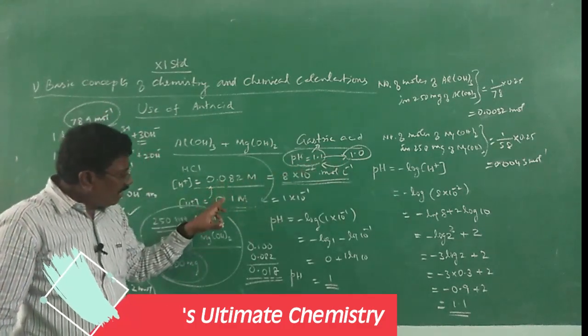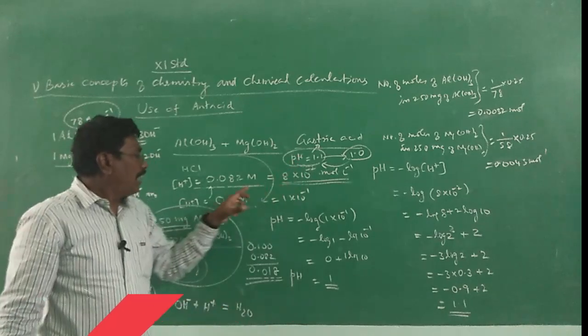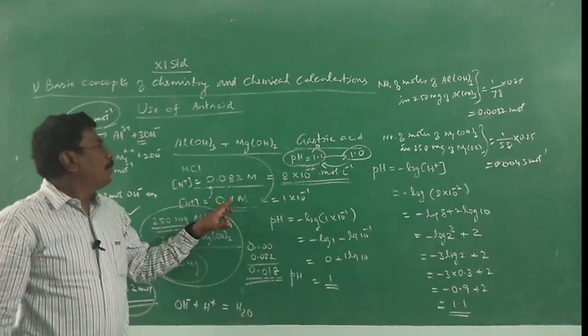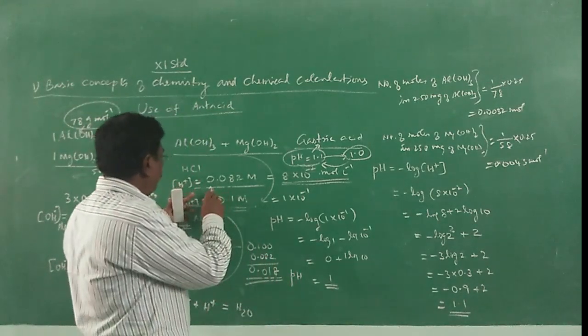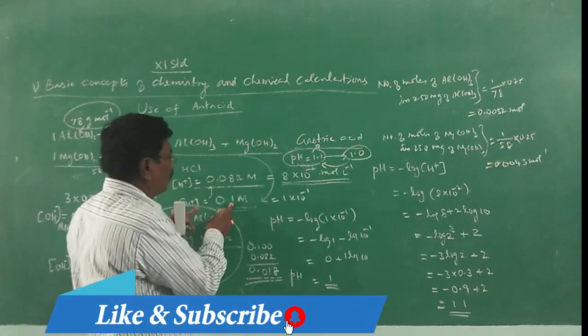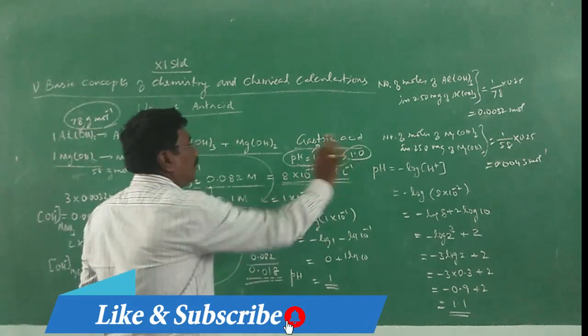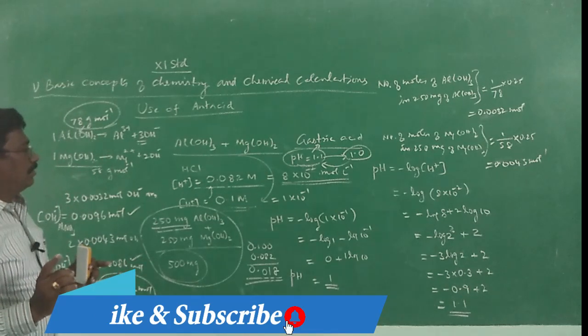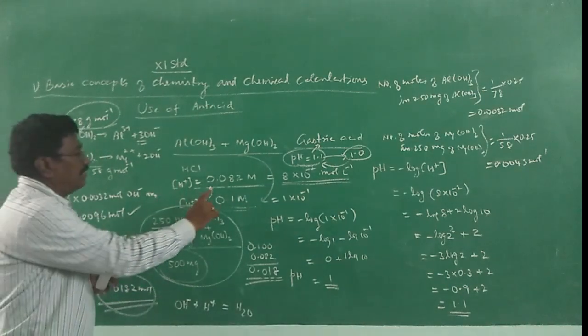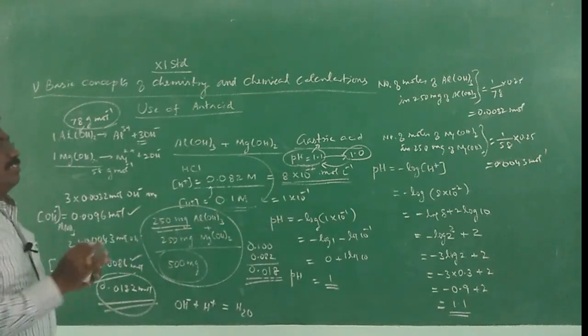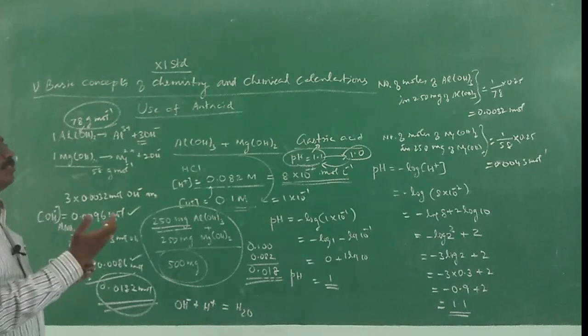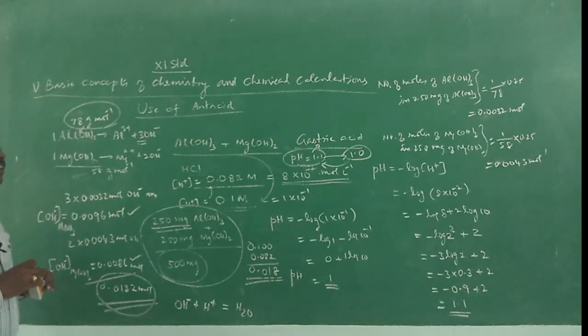Hydrogen concentration is reduced, therefore pH value increases. When pH value increases, naturally the acidic nature is getting reduced. So it becomes neutralized.